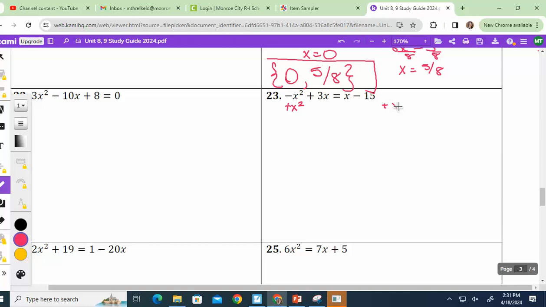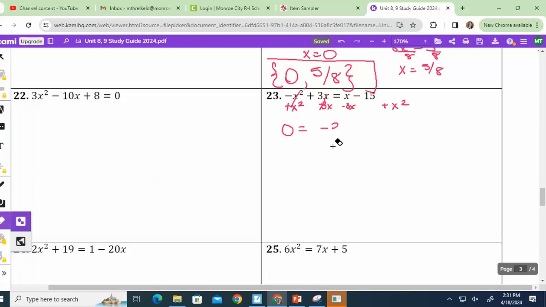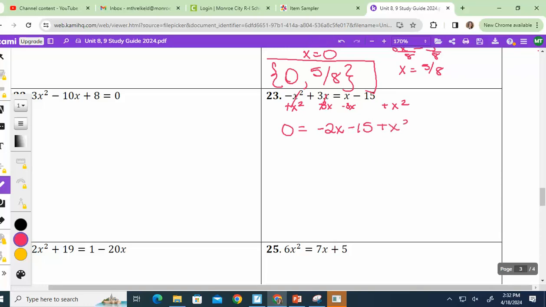There's no other x squareds here. We would have to subtract the 3x. That leaves me a 0. Over here, x minus 3x is negative 2x, minus 15 plus x squared, or we could write that as x squared minus 2x minus 15 equals 0.